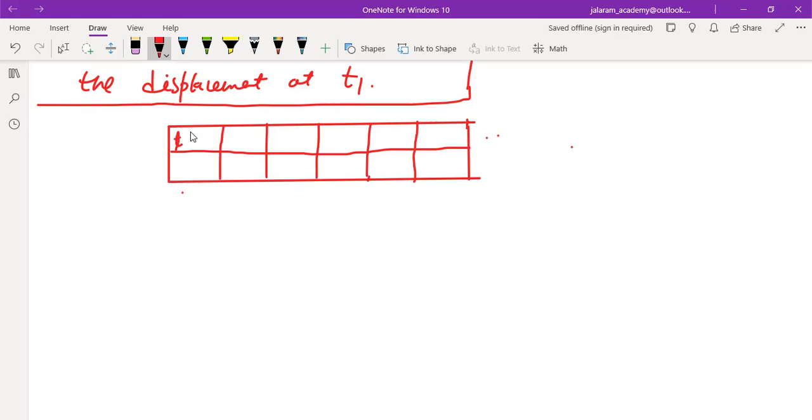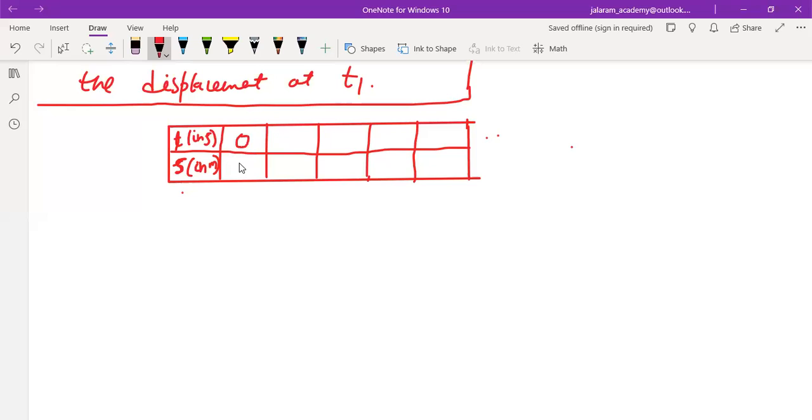So we write time in second. Time, we know, is an independent variable. That's why we have shown it along the x-axis. Independent variables are always shown along the x-axis, and displacement in meter is shown along the y-axis.